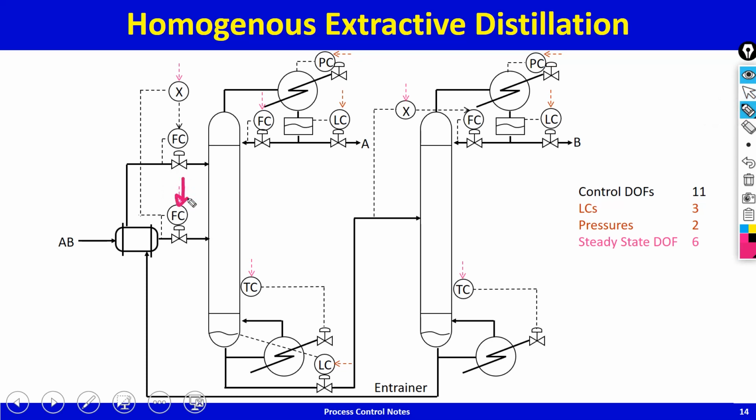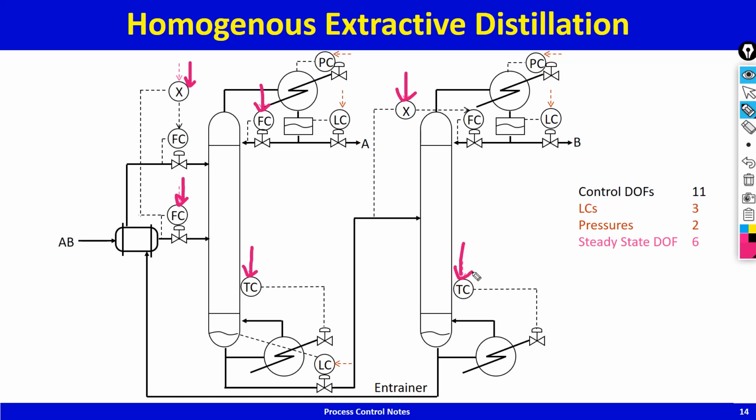1, solvent to feed ratio. 2, extractive column temperature. 3, reflux rate of the extractive column. 4, solvent recovery column reflux to feed ratio. 5, solvent recovery column stripping tray temperature. 6.